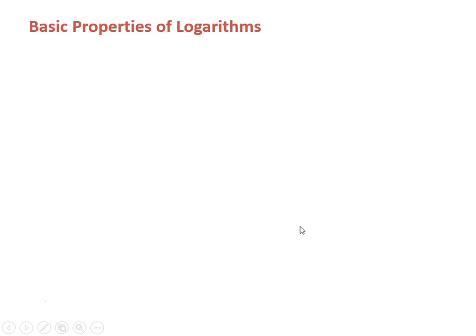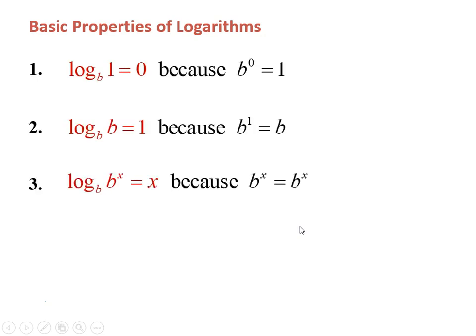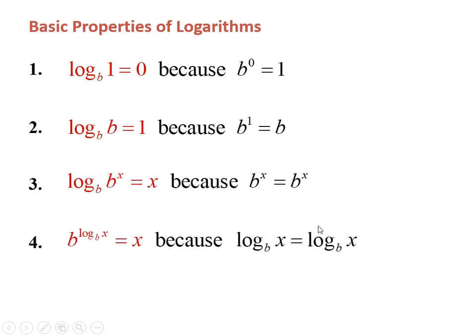So now we're going to apply the basic properties of logarithms. And these are some things that hold true no matter what. We know that b to the 0 is always 1. So if you have a base of anything with an argument of 1, then that's going to equal 0.